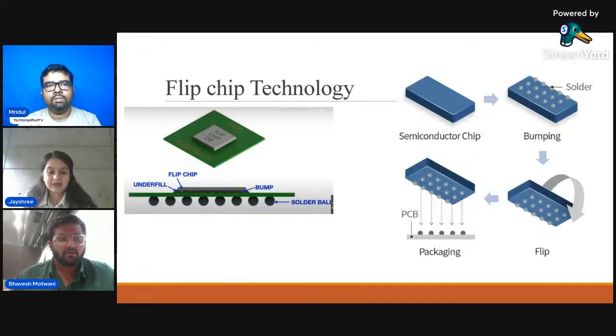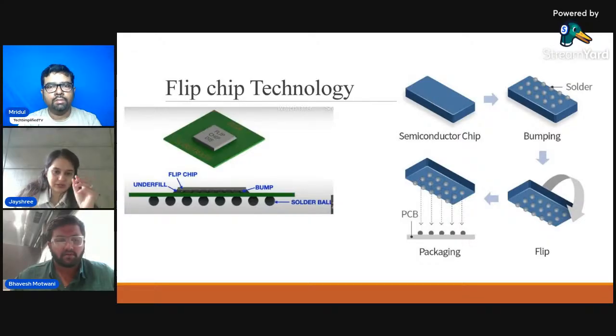Yes. In this image, the B image. First there is the A image, and the second one is the B image. In the B image, you can see there is a semiconductor chip, which is a die. Solder bumps are provided, and after the solder balls are created, we flip the chip. There is a substrate over here, and over the substrate we are going to attach that die.